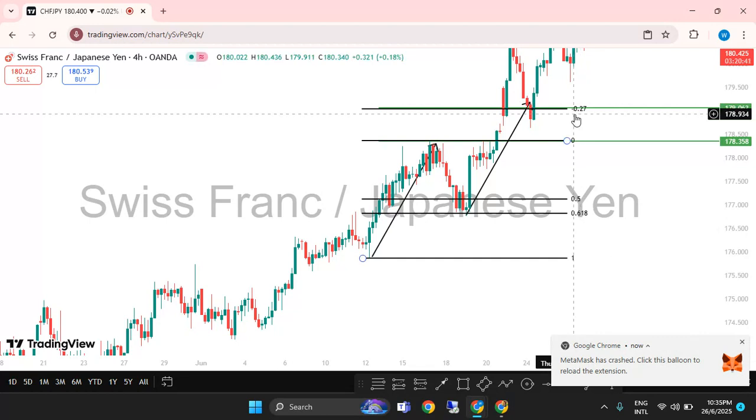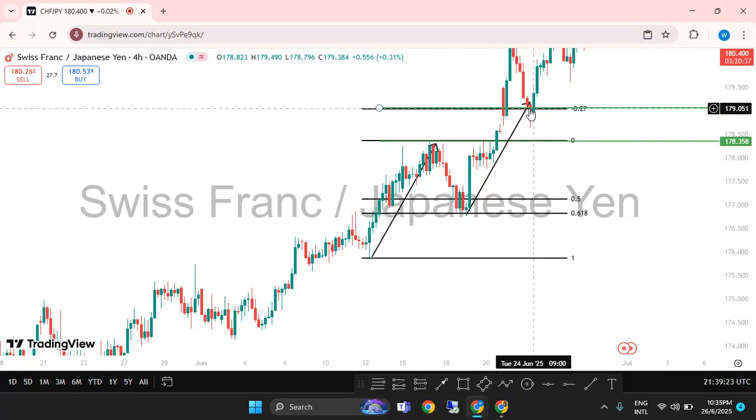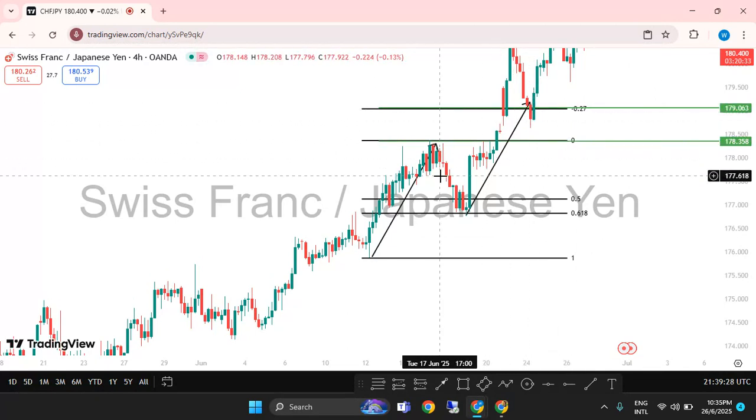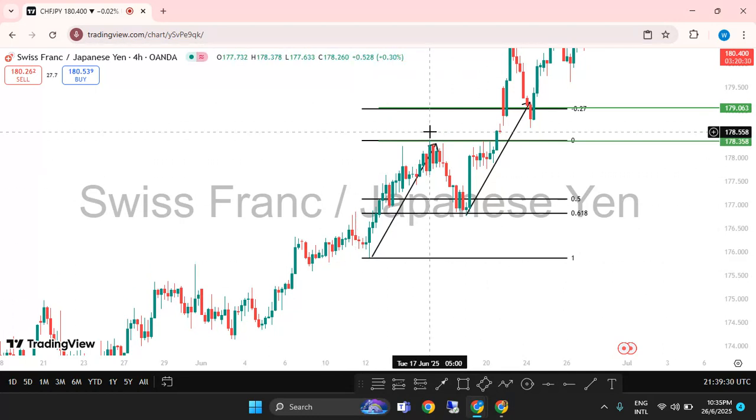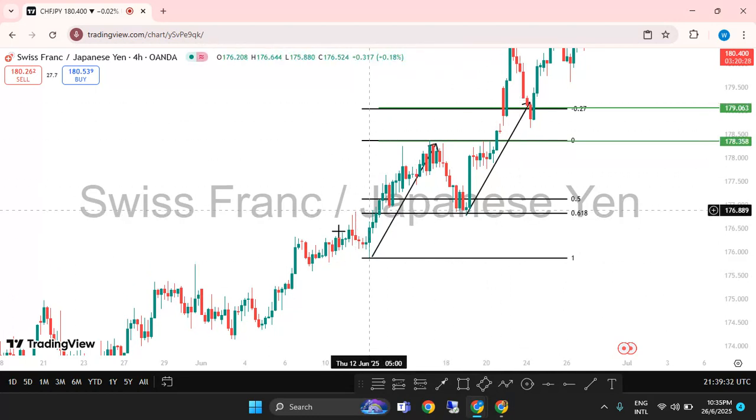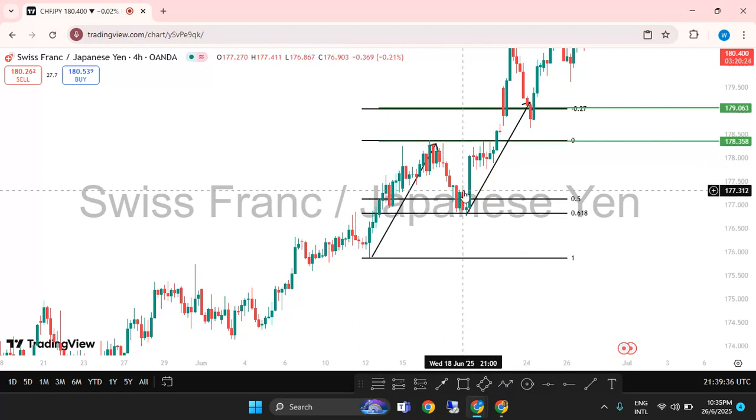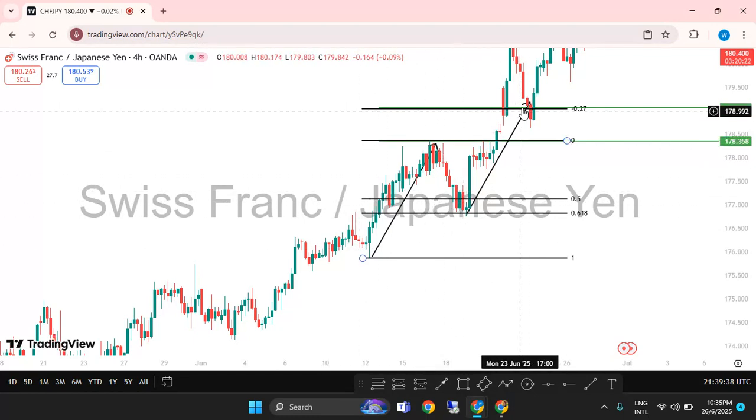Because immediately the market got here, it made rejection. As you can see, immediately the market tapped into this zone. See, because this is the impulse move, and this is also the new impulse move, the upside.